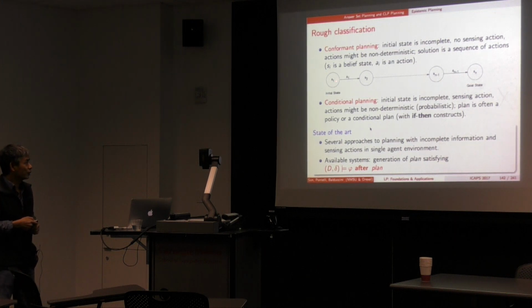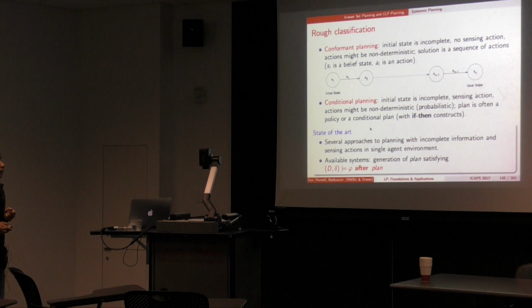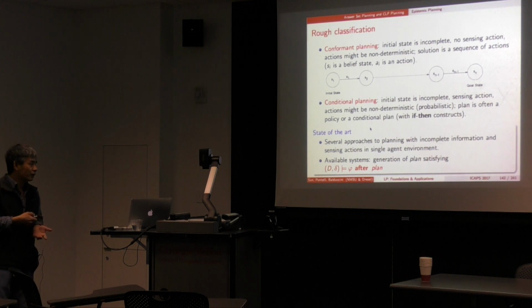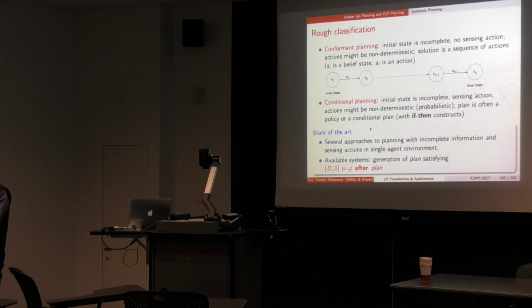Each of the nodes here is a set of states that represent the possible states that you think you are in. And conditional planning: the initial state is complete, and you have sensing actions, and actions may be non-deterministic as well. So the plan in conditional planning, as I classify it, is basically a policy, or at least a conditional plan with an if-then-else construct.